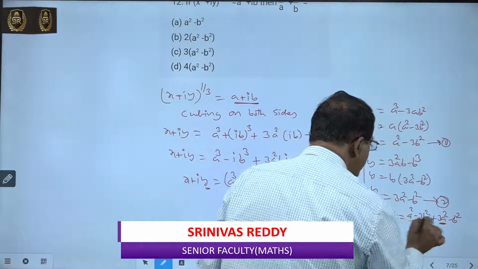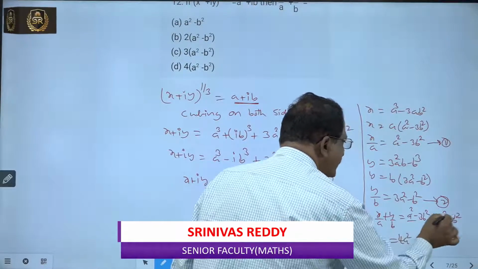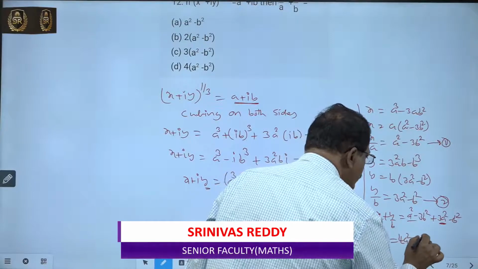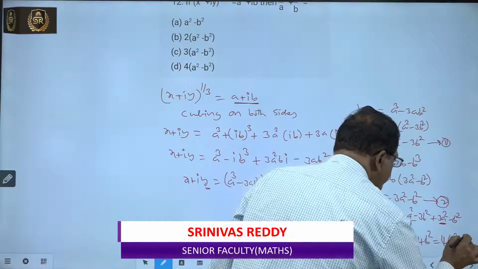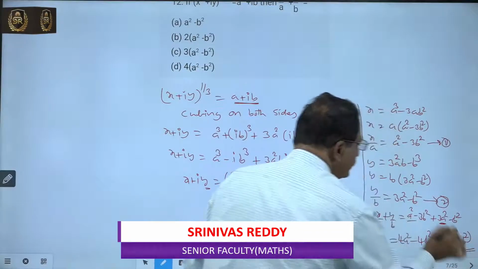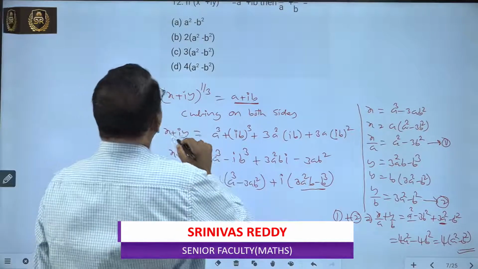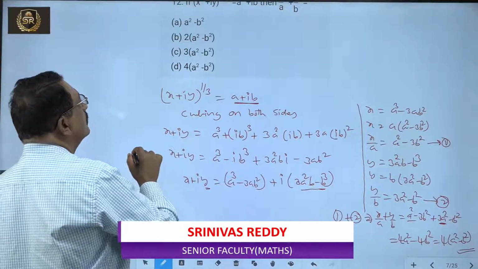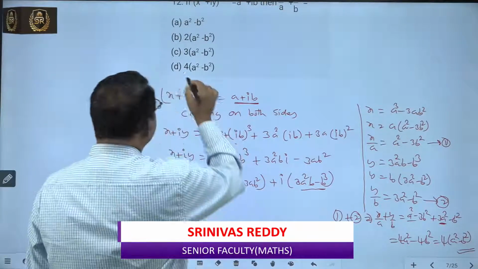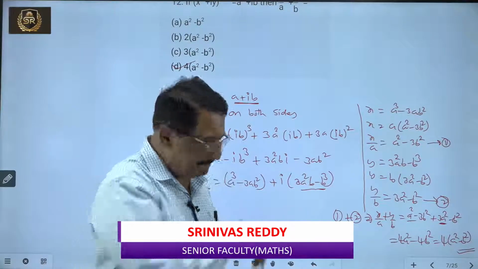Here 3a square plus a square equals 4a square, and minus 3b square minus b square is minus 4b square, so that equals 4 of (a square minus b square). 4 of (a square minus b square) is the answer. The fourth option, D, is the correct answer.